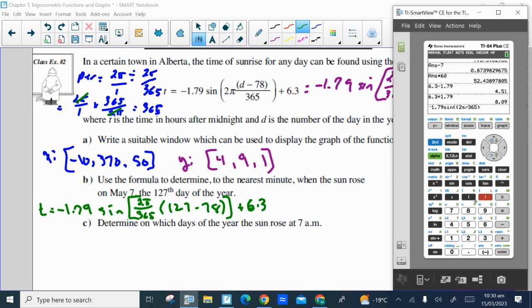So close a bracket on the b, then open another bracket for the 127 minus 78. Close a bracket on that, and then close the bracket on the sine of all that, plus 6.3.